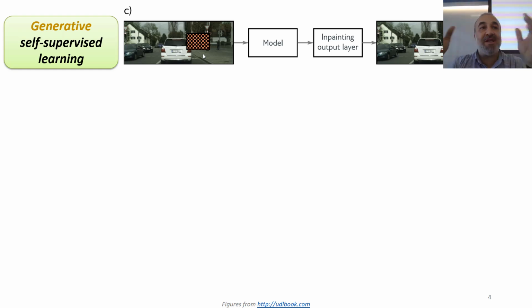It's just that we have the data, we mask part of it, and ask the model to predict that part. So we can actually generate lots of data this way. If we have millions of images, from each image we can generate maybe tens or hundreds of versions of it to predict parts of that image, right?